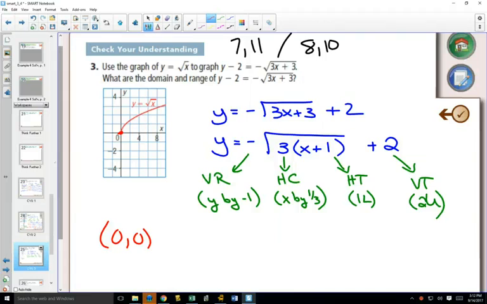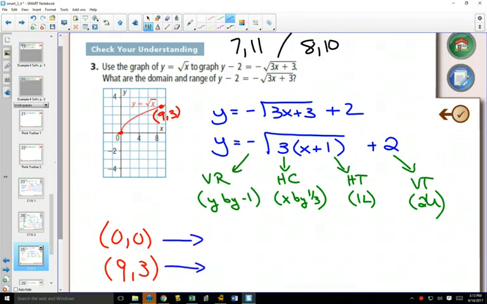If I was going to choose another point, and I've got to multiply x by 1/3, is there a nice point that you could pick? 9, 3. Right? The square root of 9 is 3, so 9 comma 3 is on our graph. That would be a nice one. And in fact, those 2 points will be enough for us to do the whole thing. So we've got 0, 0, and 9, 3.